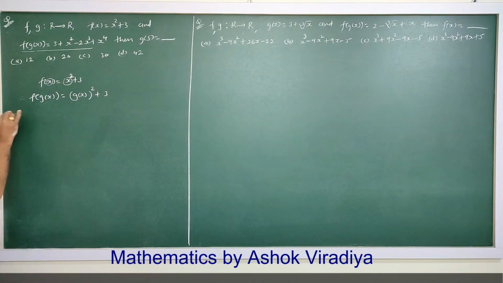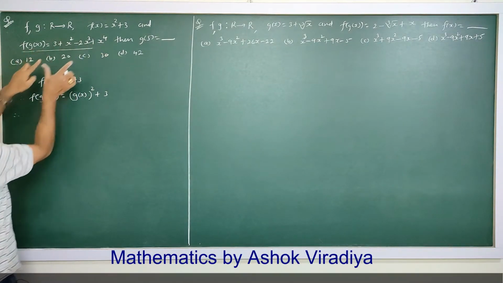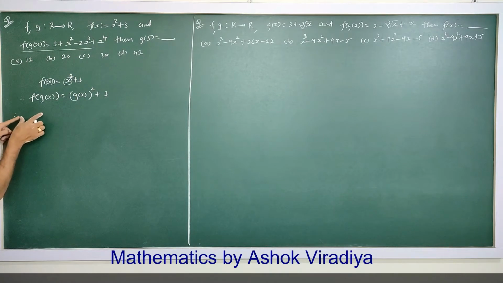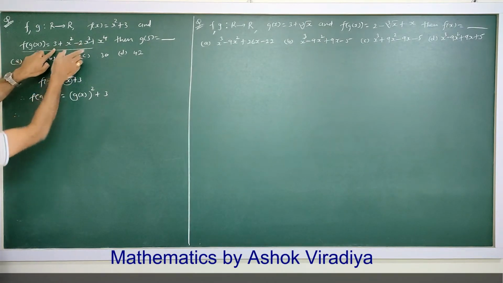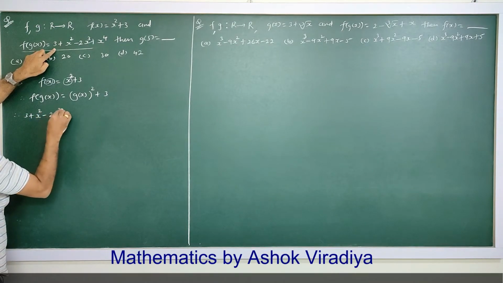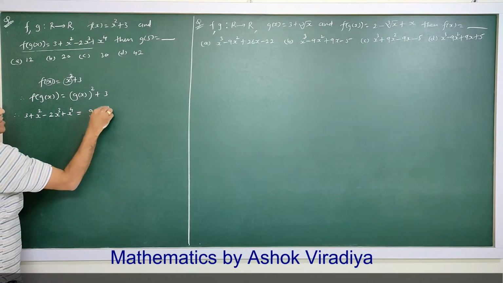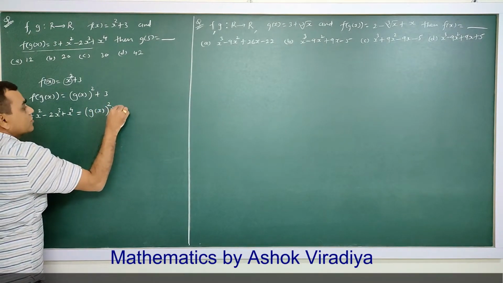Now this value I am putting on the left hand side. So this is equal to 3 plus x square minus 2x cube plus x raised to 4 equal to g(x) whole square plus 3.